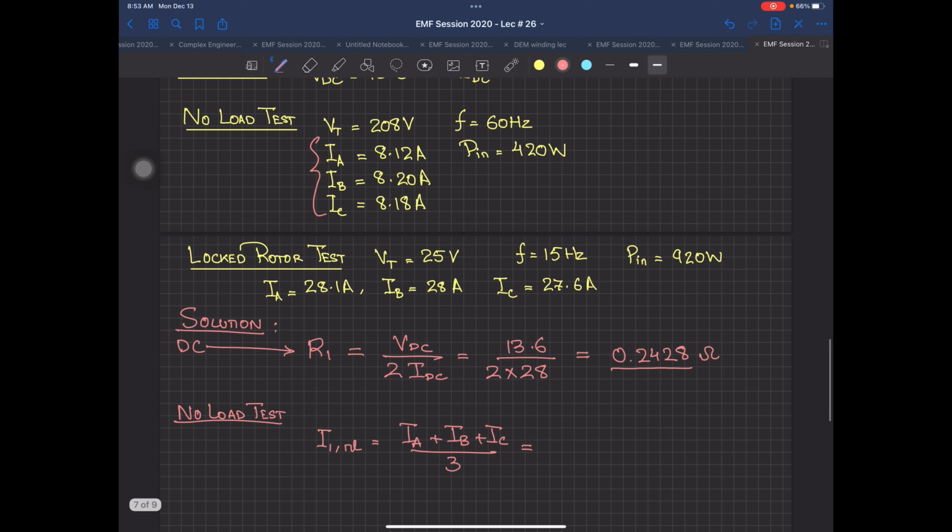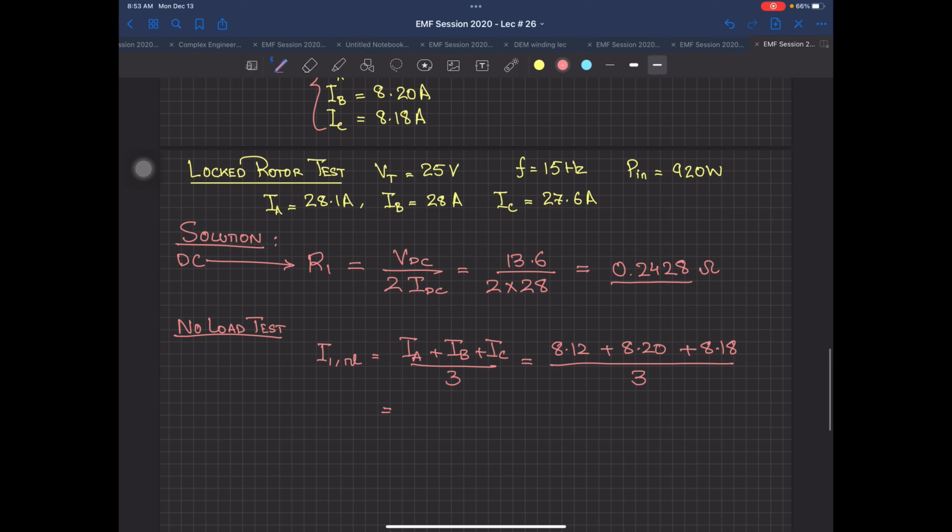What are the three currents? Let me write it down. 8.12 plus 8.20 plus 8.18, divided by 3. Anyone, please give me a calculator value. 8.1667 amperes over here. So I have this as the value of the no load current.